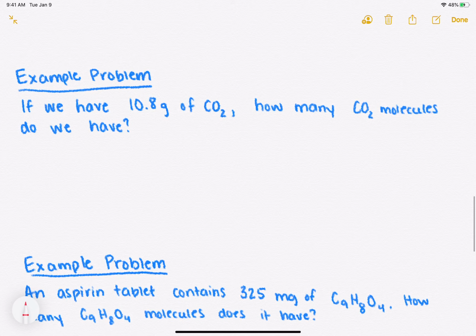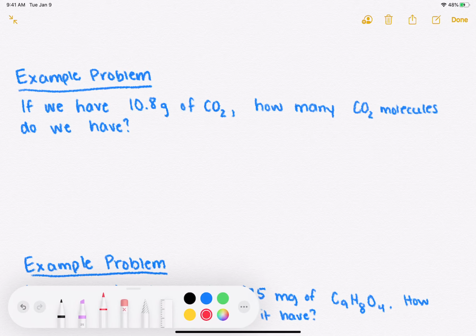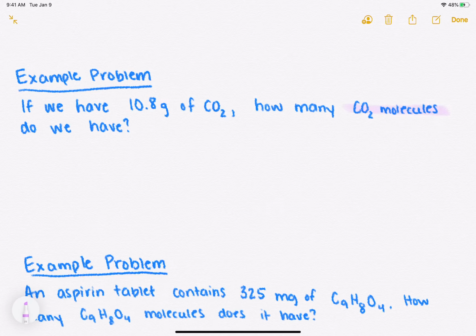Here's our example problem. If we have 10.8 grams of CO2, how many CO2 molecules do we have? The best way to solve this is using the dimensional analysis that we have been working on so far this semester. We know that we want to find the number of CO2 molecules.